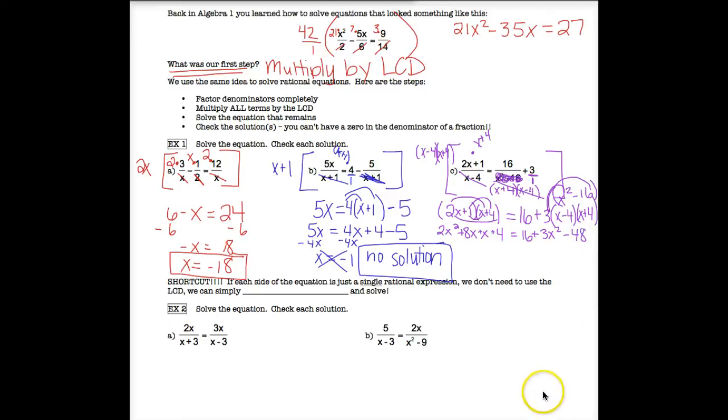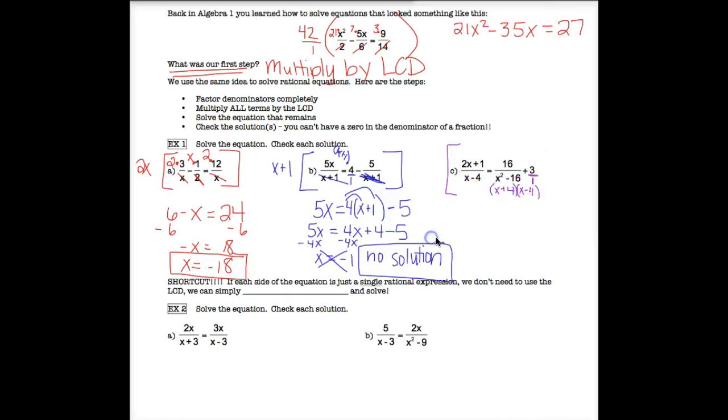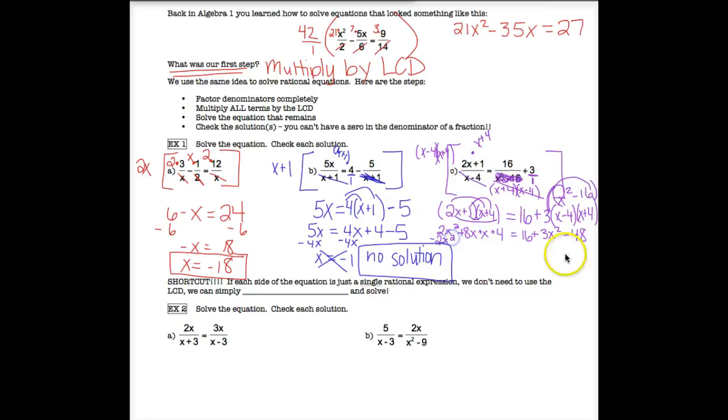So this is quadratic, which means that I'm going to need to get everything to one side. I generally like for my x squared terms to be positive, so I'm going to move everything to the right side here. So minus 2x squared, those cancel. Then this is 9x, so I'm going to have to subtract 9x. There is no like term over there, so I'm going to put it over here.